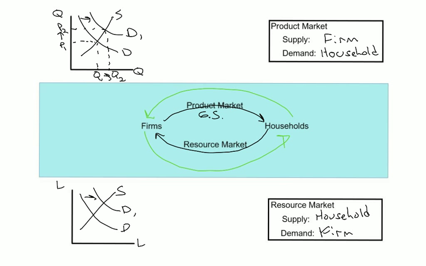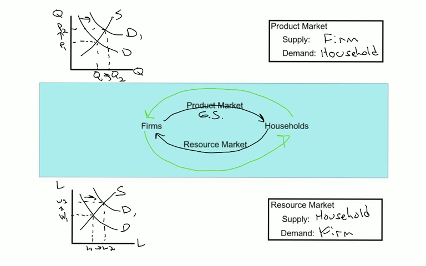And this would be the same thing in our factor market. We would see that if demand for labor went up, the number of a certain kind of worker would increase. So for example, if demand for plumbers went up, we'd see more plumbers get jobs. And if demand for plumbers were higher overall, we would definitely see an increase in their wage as well.